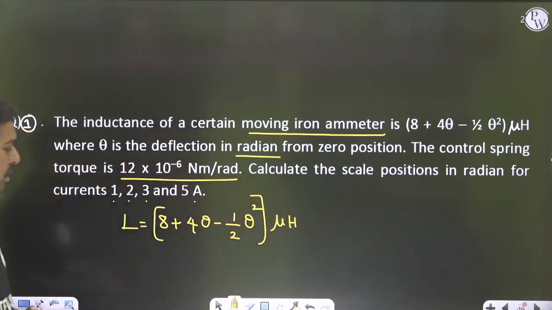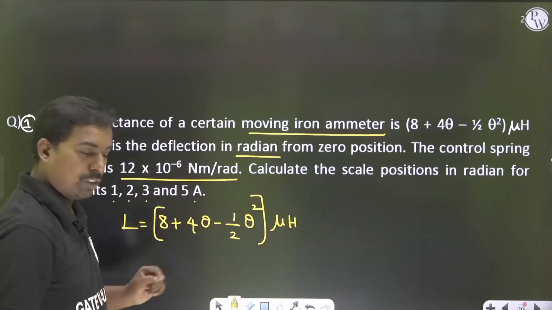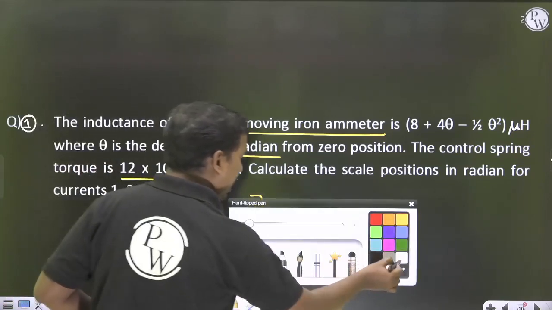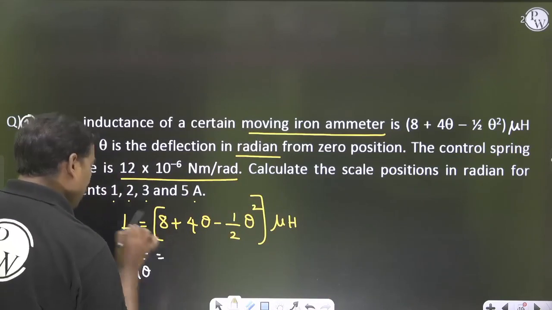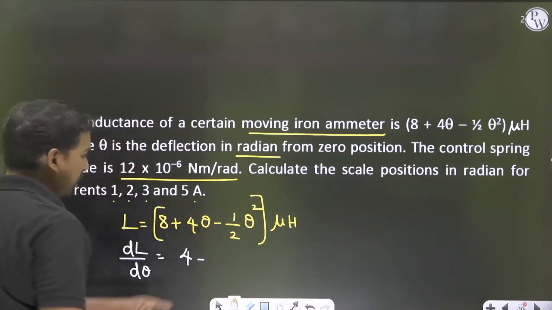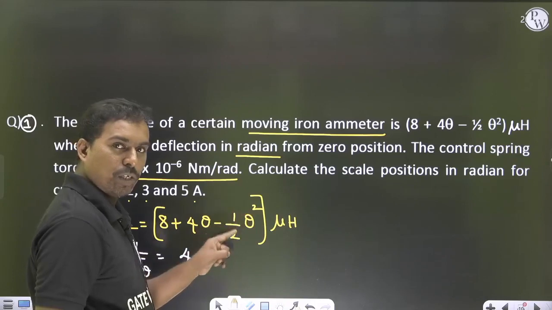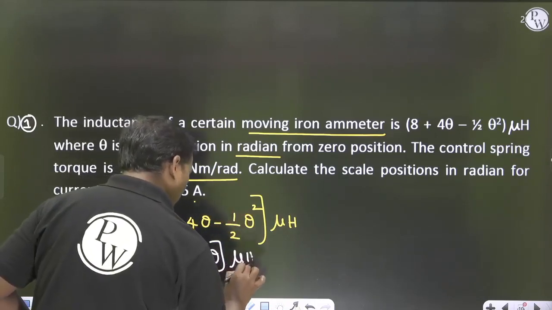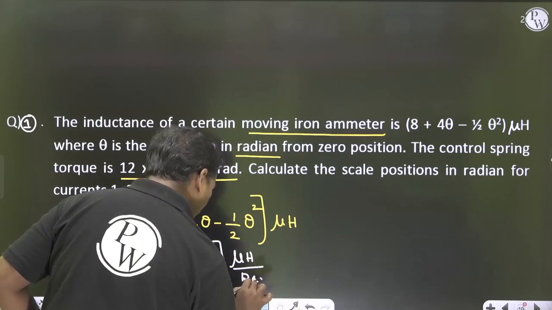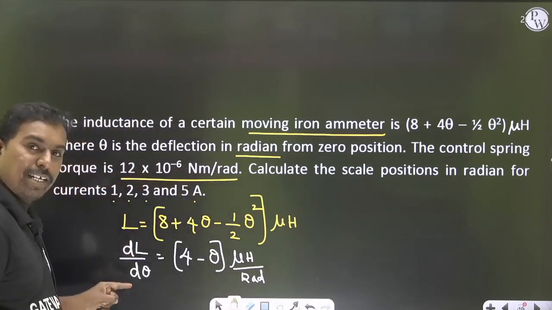Then dL by d theta is 4 minus theta, since the 2 in 2 theta cancels with the half. So dL by d theta is 4 minus theta microhenry per radian, because these are the units of dL by d theta.